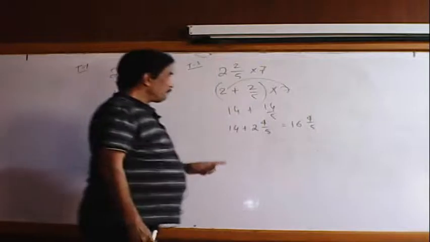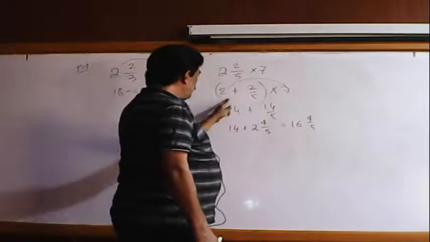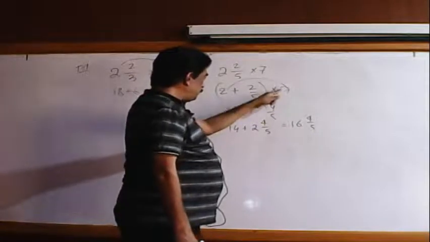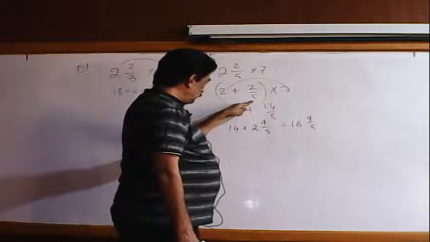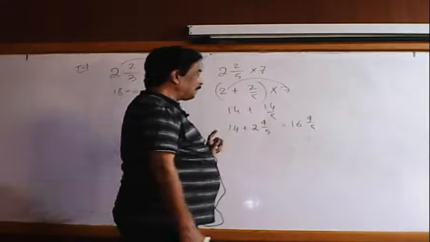This is the original rule. 2 and 2 by 5 multiplied by 7: 2 plus 2 by 5 multiplied by 7. 7 into 2 is 14. 14 divided by 5, 2 times. So 2 times, extra part is 4, 4 by 5. So if I add, 16 and 4 by 5.